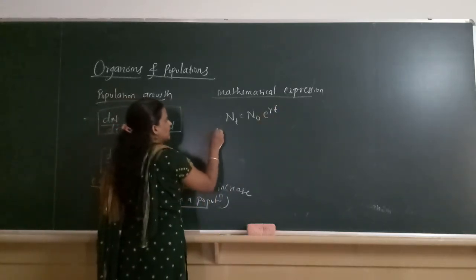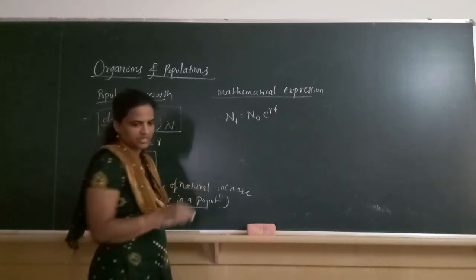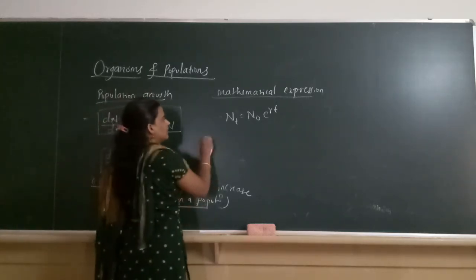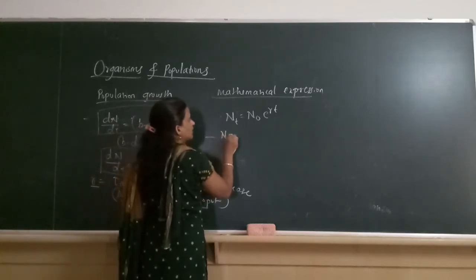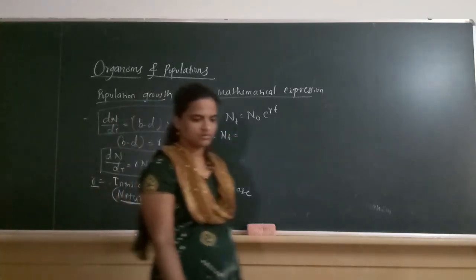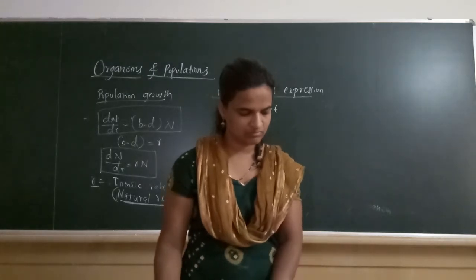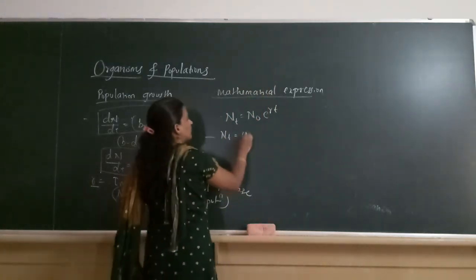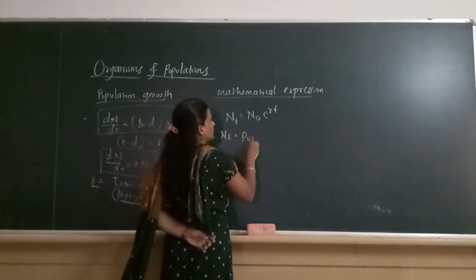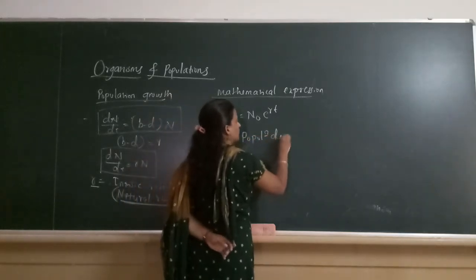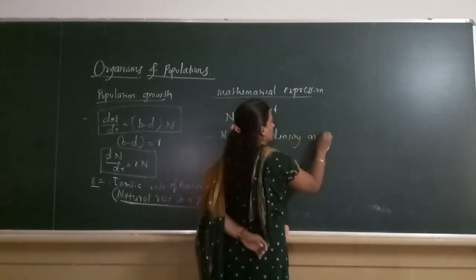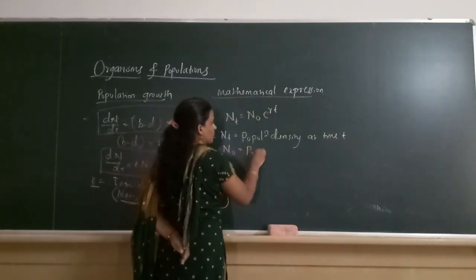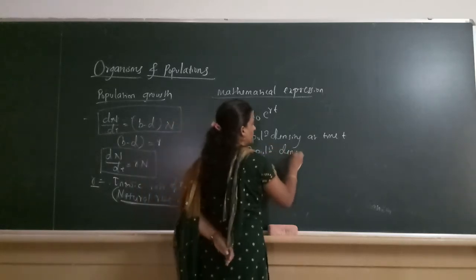What is this Nt? That is population density, original population density at time t. Okay, N0 means population density at 0.